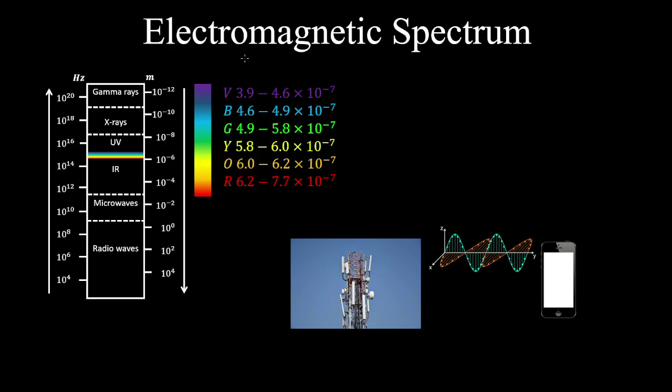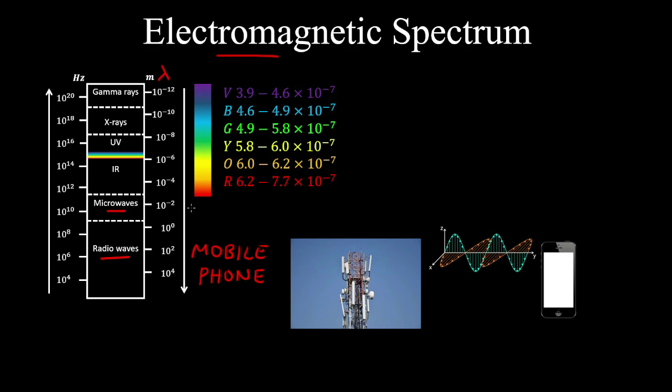The electromagnetic spectrum groups electromagnetic waves into categories that are characterized by their wavelengths. So these categories include radio waves, which are used for long-range communication, such as in the case of a mobile phone. And this is followed by microwaves.